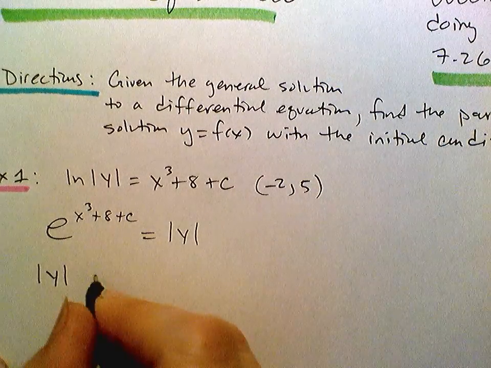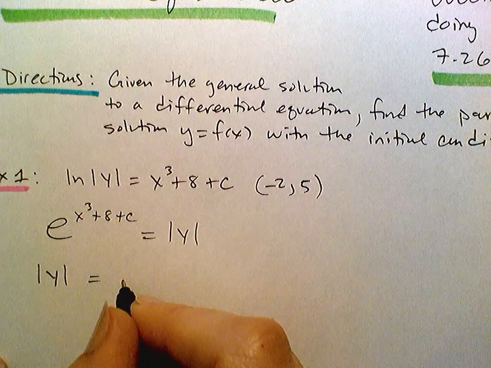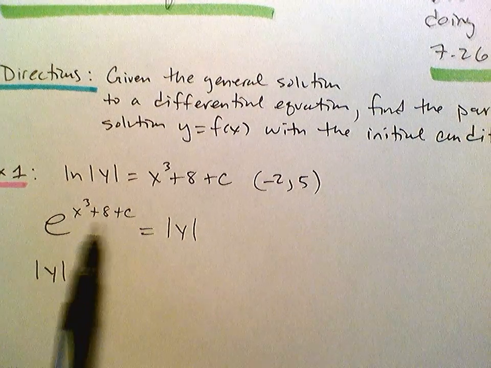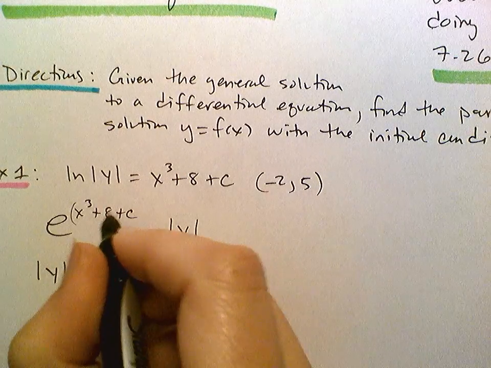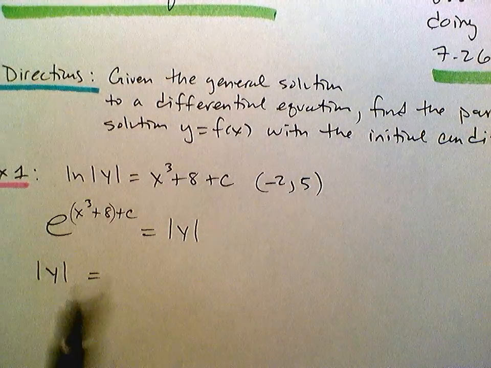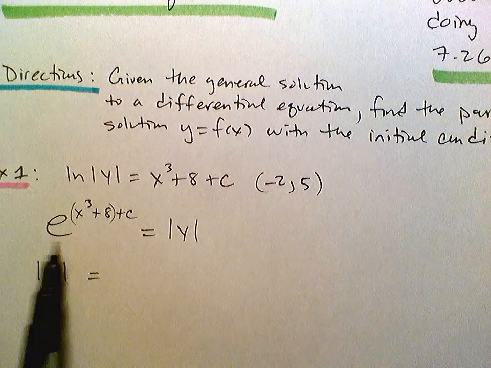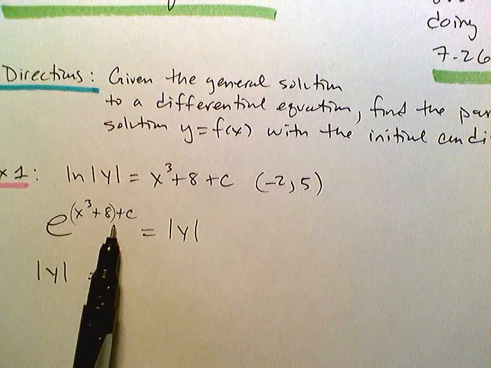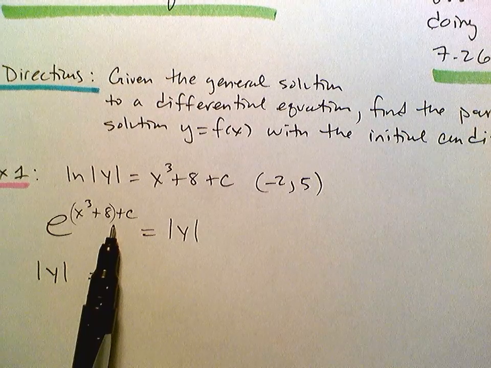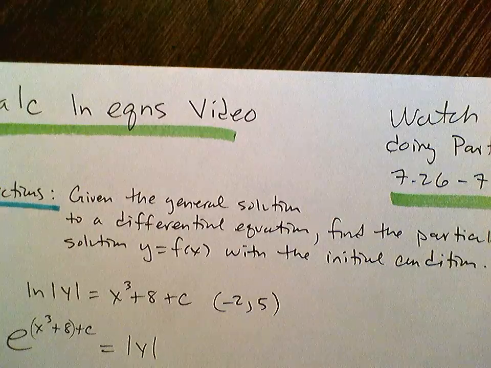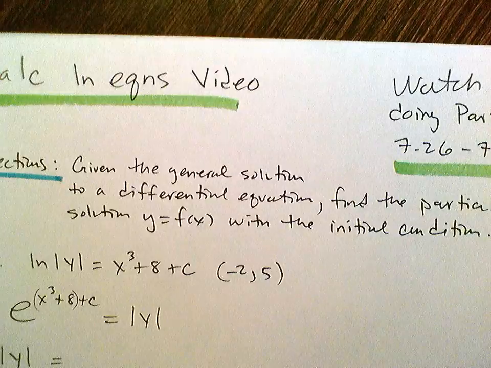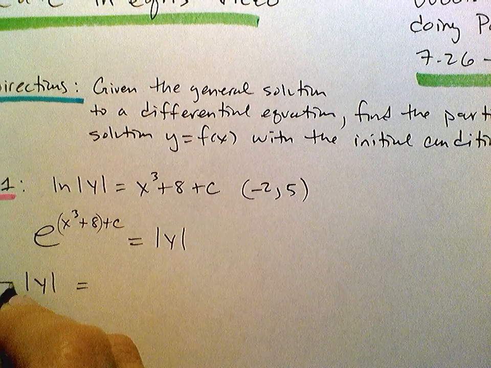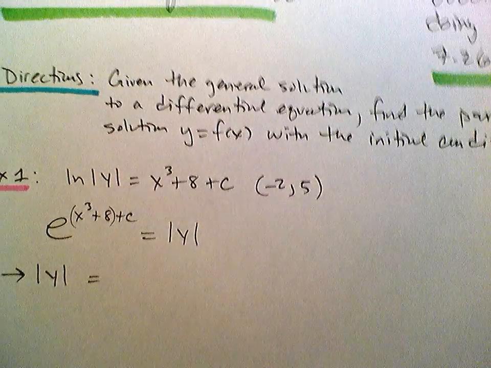So the absolute value of y is equal to, and while I switch sides, guys, I'm going to make this observation. If I want to split up a base that's raised to an exponent, and that exponent is a sum of things, I'm going to use this law in reverse. Let me say this off to the side.